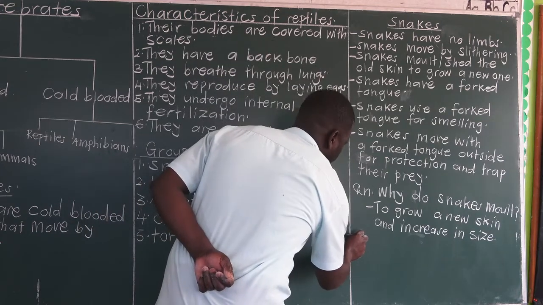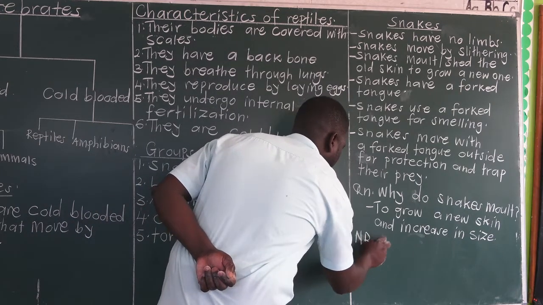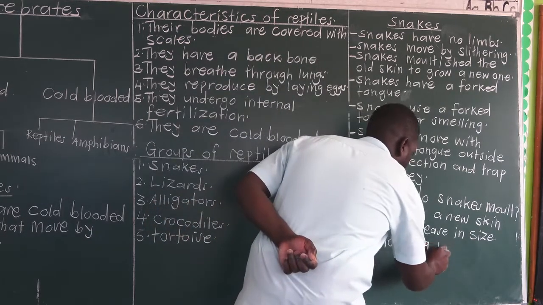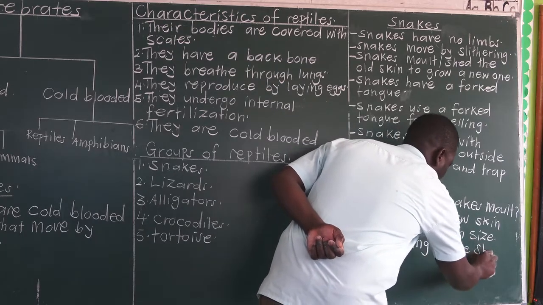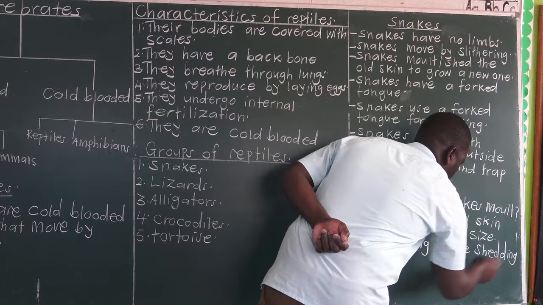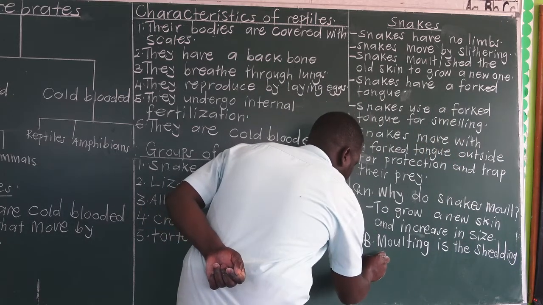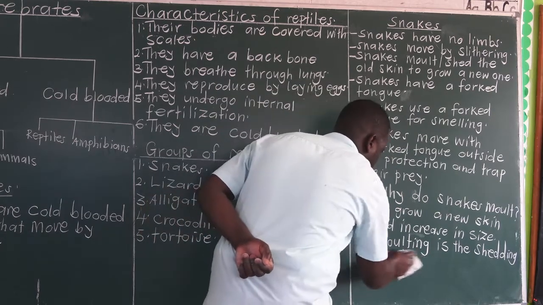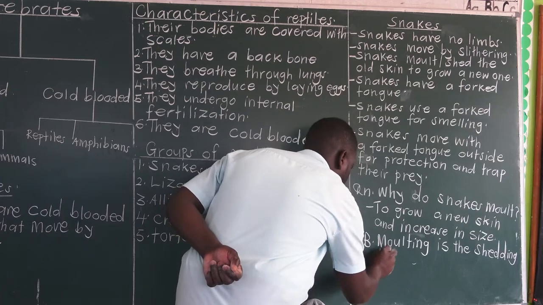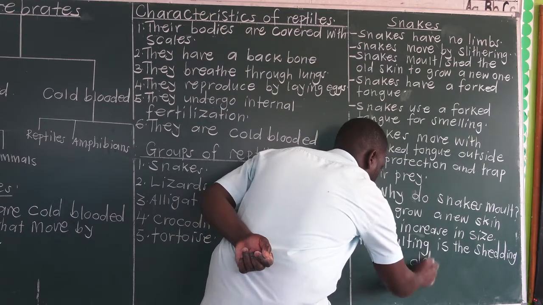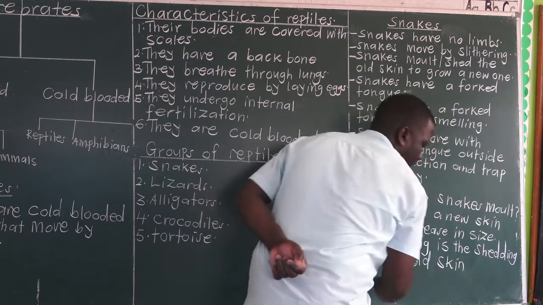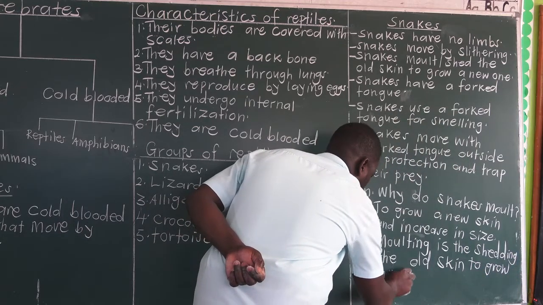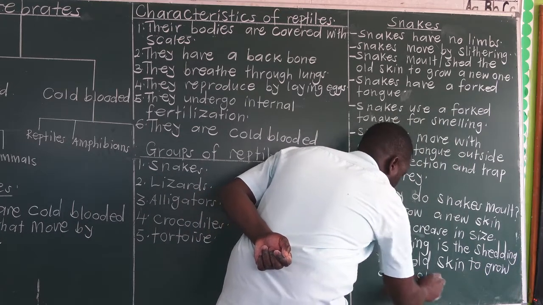Then you also need to know what molting is. Molting is the shedding of the old skin to grow a new skin and increase in size.